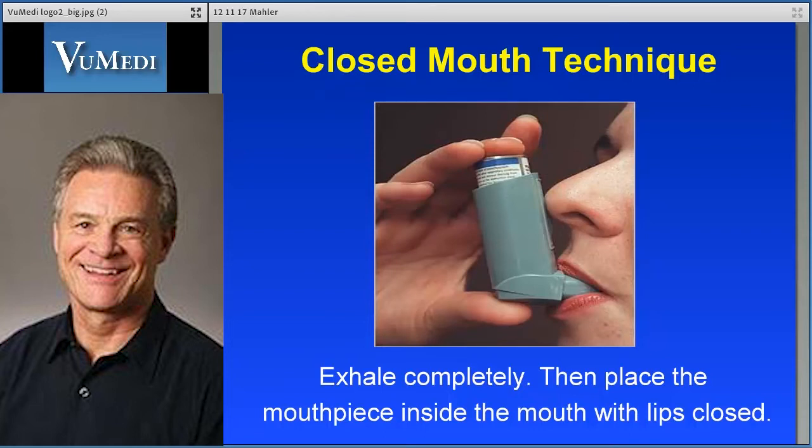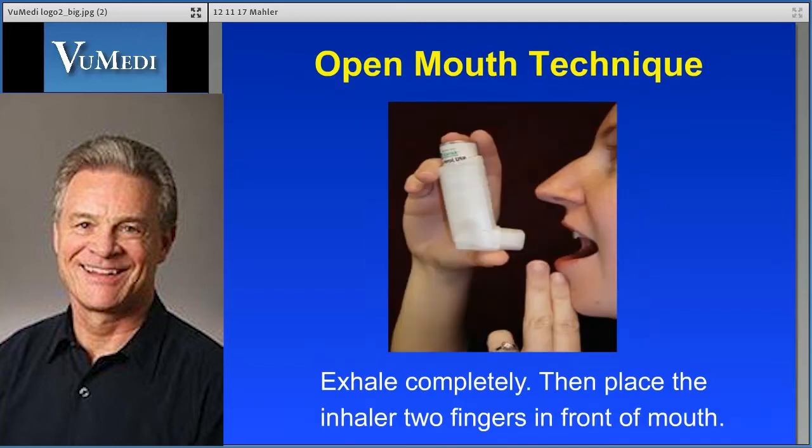One is the closed mouth technique, in which the individual exhales completely and then places the mouthpiece inside the mouth with lips closed. The other approach is called the open mouth technique. The individual exhales completely and then places the inhaler 2 fingers in front of the mouth. Either the closed or open mouth technique can be used.